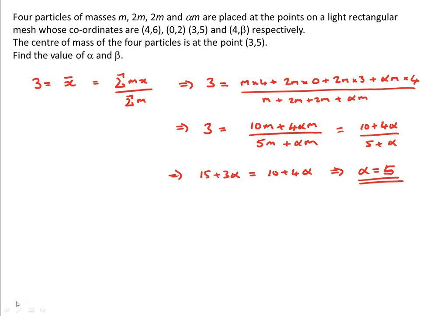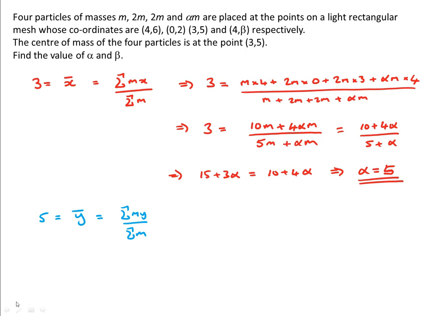Moving on to the second part of the question, to find beta, we know that y bar, the y coordinate at the centre of mass, is 5, and that must be the sum of all the masses times the y coordinates divided by the total mass.